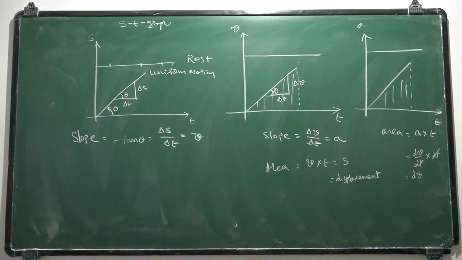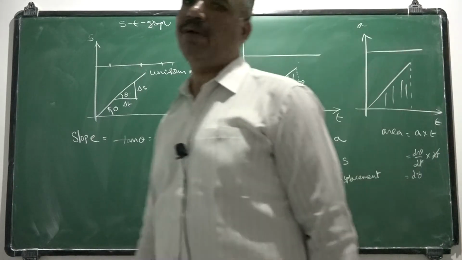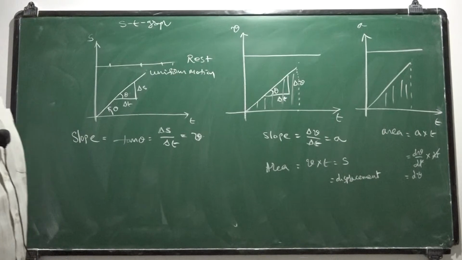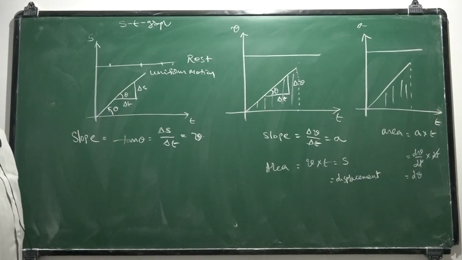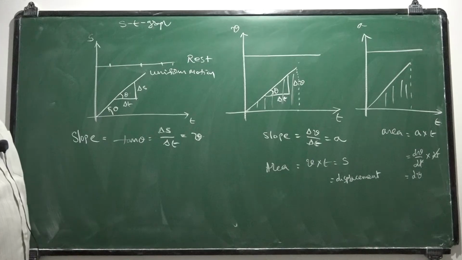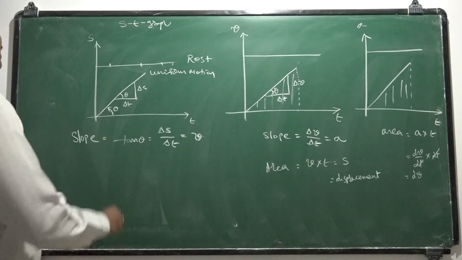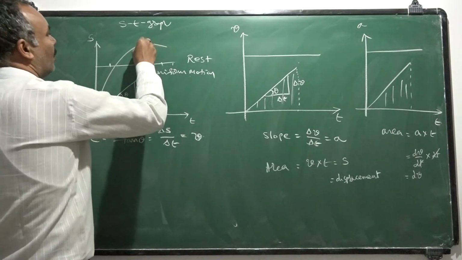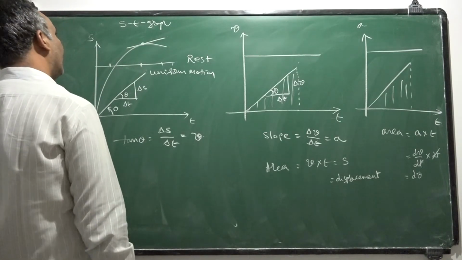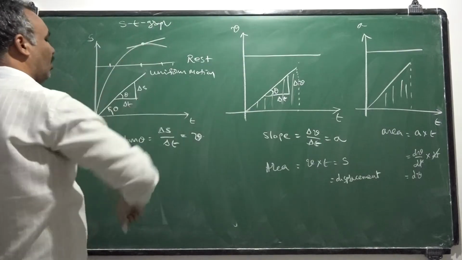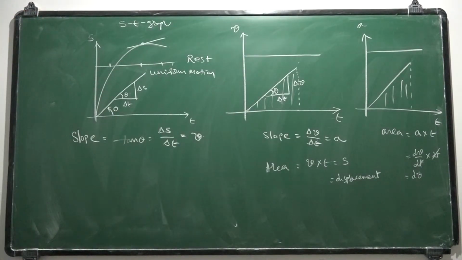So by knowing the nature of the graph and by finding the area under the graph or by finding the slope of the graph, you will get various parameters like velocity, displacement and change in velocity, etc. And one more point, if it is a curve, at a particular point if you find the slope of the tangent drawn to the curve, that indicates the instantaneous velocity of the particle at that moment.